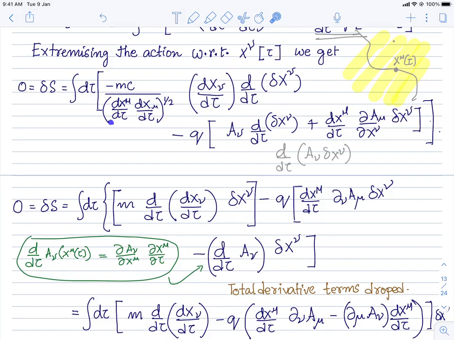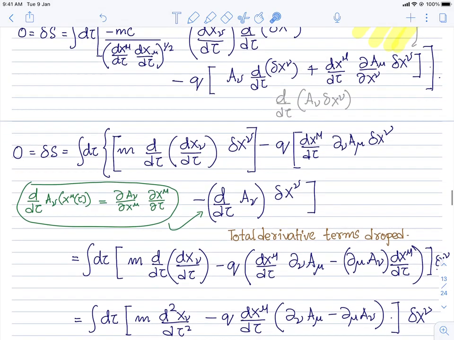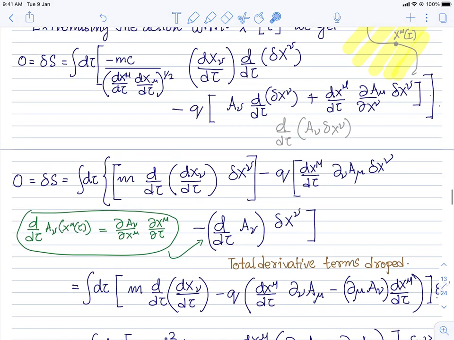This term gives rise to the usual piece, which is basically m times the four-acceleration, which already emerged here. Again, I have used the fact that u^μ u_μ is c squared, and that cancels this factor of c. And this term I have kept as it is.